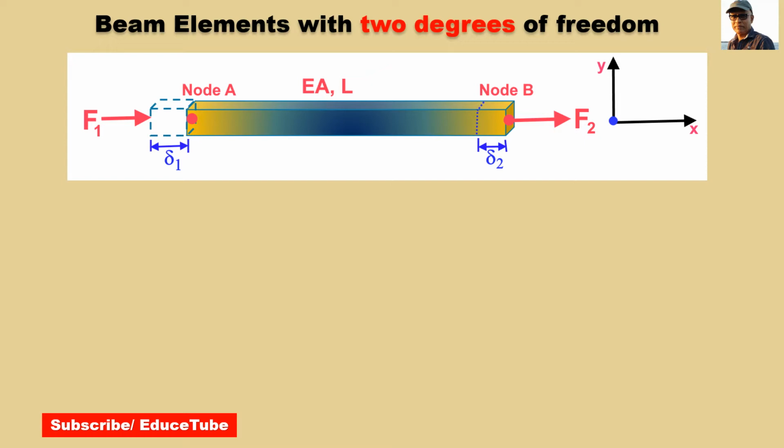We are considering here a beam element of length L, Young's modulus E, and cross-sectional area A. And this beam is subjected to axial forces F1 and F2 at this end, node A, and at this end, node B.